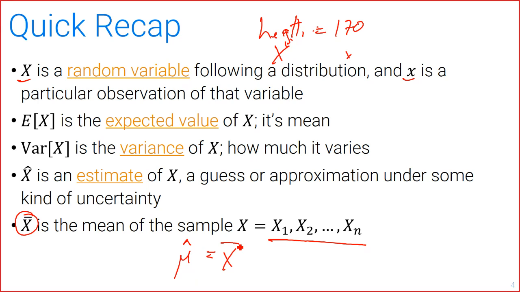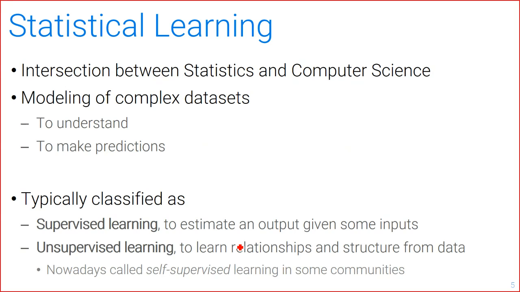Okay, so let's start. We're going to be talking about statistical learning, and from now on, all we're going to do is statistical learning in this course. And statistical learning, you can see it as the intersection between statistics and computer science, and most likely you can think about machine learning. So we do statistical learning to model complex data sets, to build models around complex data sets. And we typically do it for one of 2 purposes.